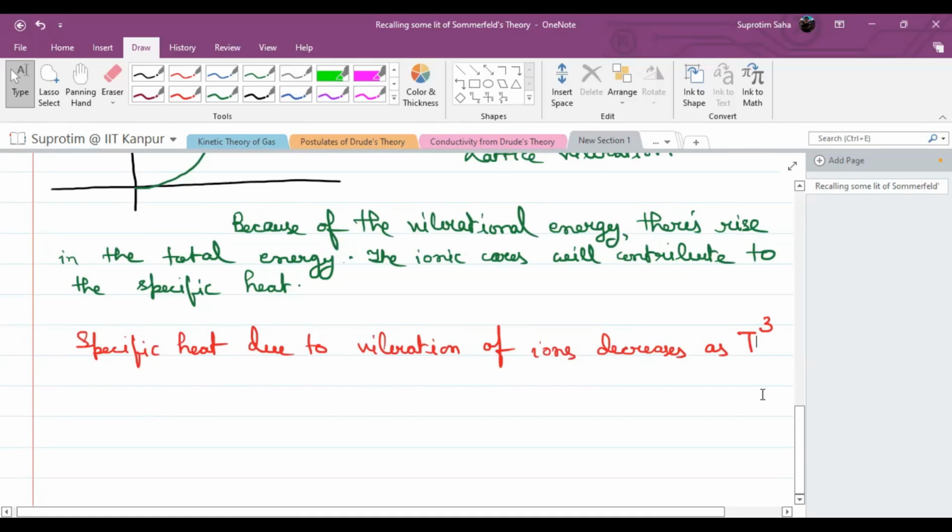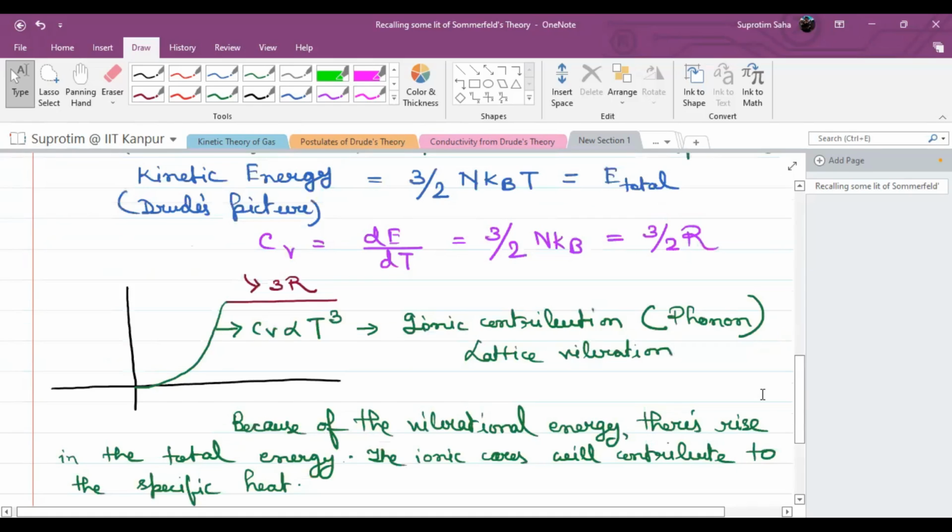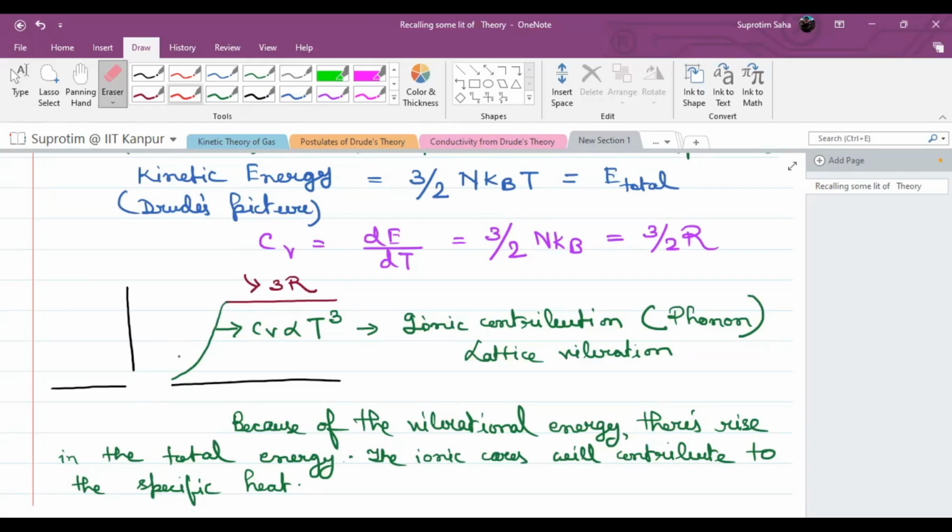All right. But you see, in practice, this is not the case. As you go down to very low temperatures, this was your phononic contribution.